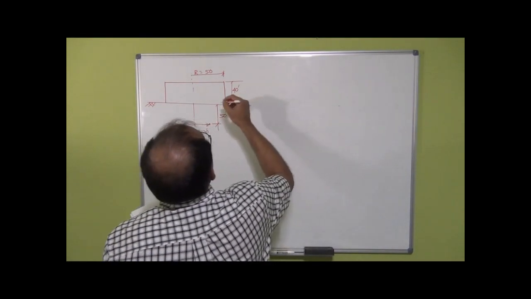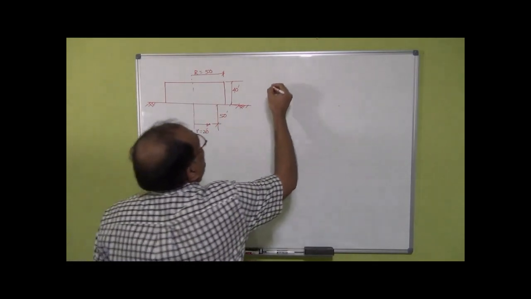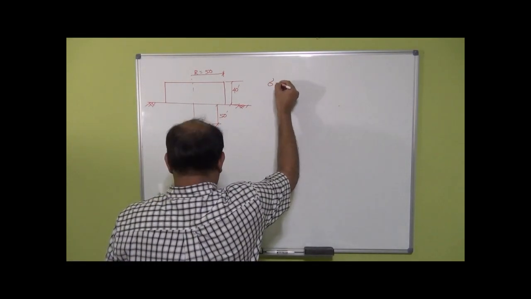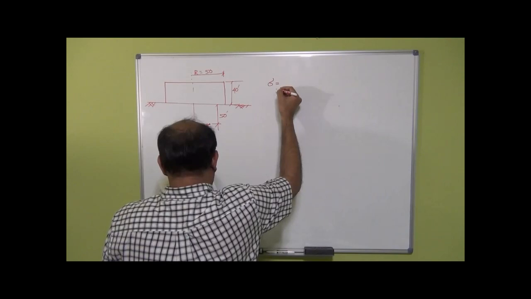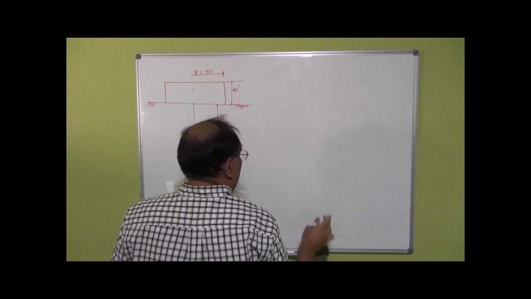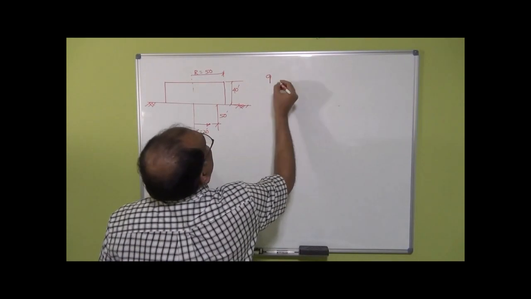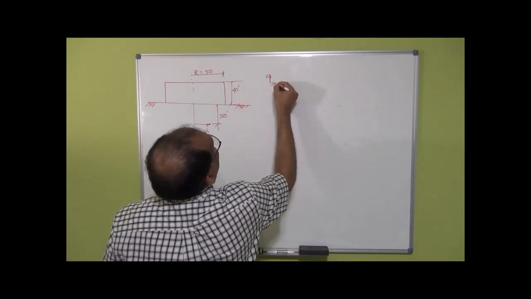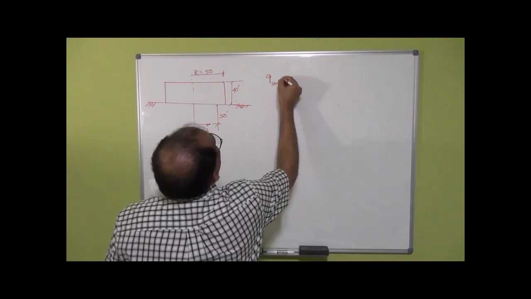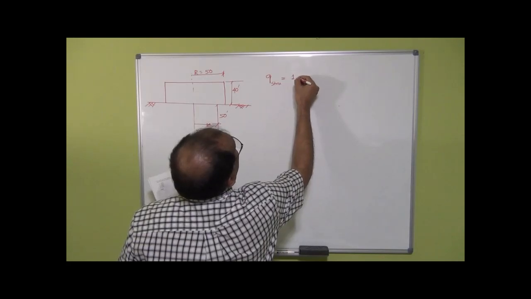So you can see, because of the weight of this structure, your sigma, or we usually call that q, q for structure, is given as 1.5 ksf.